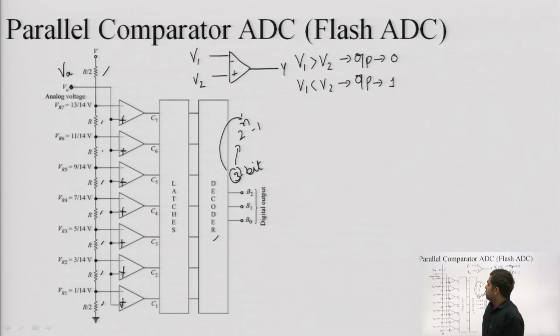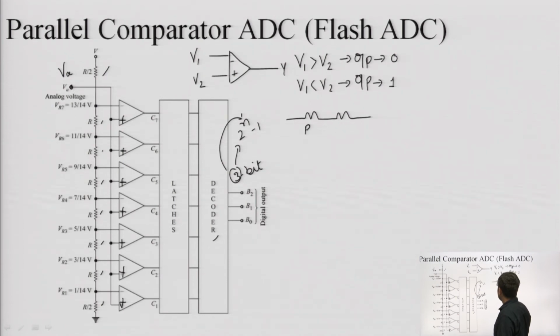So from that point of view, if we calculate the total resistance, we check 1, 2, 3, 4, 5, 6 R, and R by 2 on the above side.